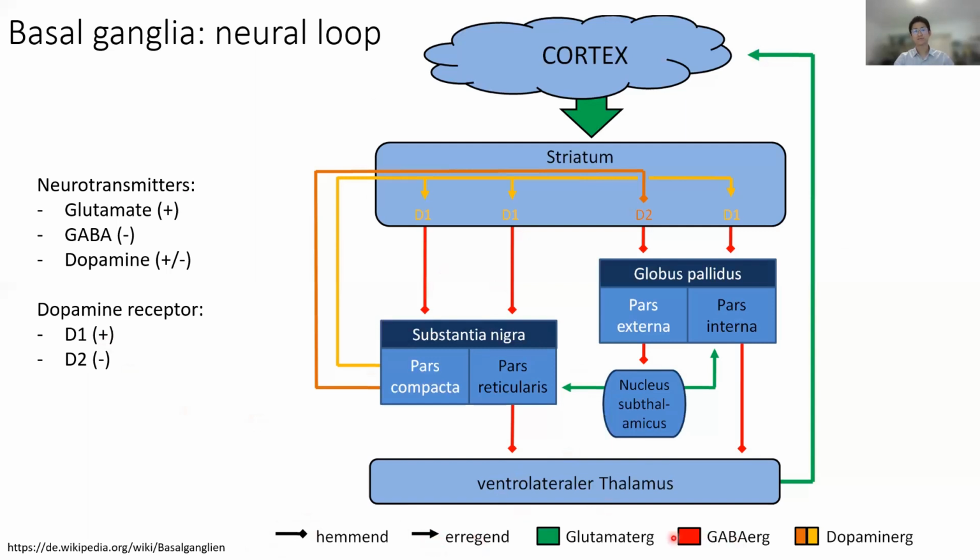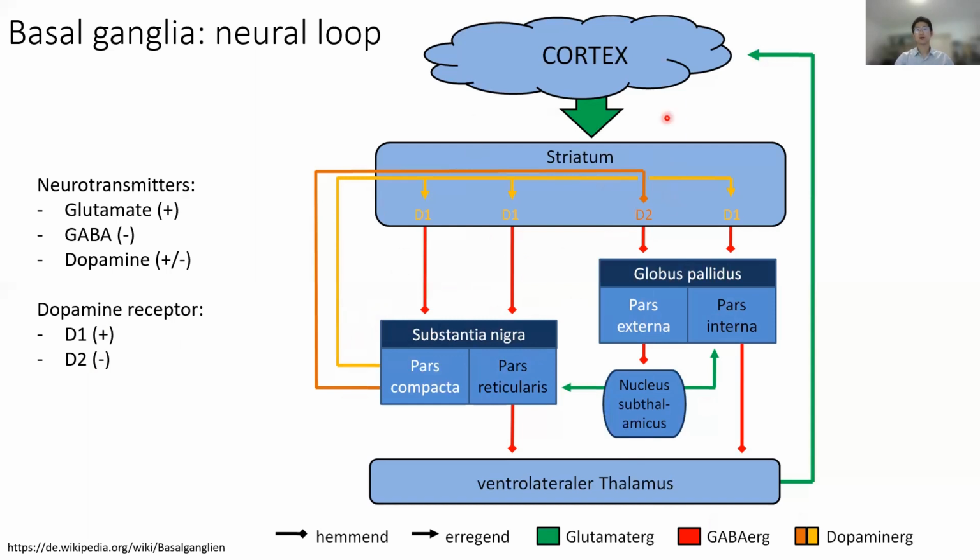These 3 colors: the green color represents glutamate, which is the excitatory neurotransmitter. And the red is GABA, which is an inhibitory neurotransmitter. And the dopamine, depending on the receptor type, has 2 types, the orange and the yellow one. The orange goes to the D2, which is inhibitory, and the D1 is excitatory. Okay, and then we see, again, these 5 blocks. And we see the substantia nigra has 2 parts, and globus pallidus also has 2 parts.